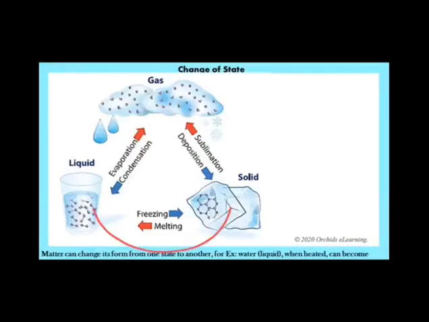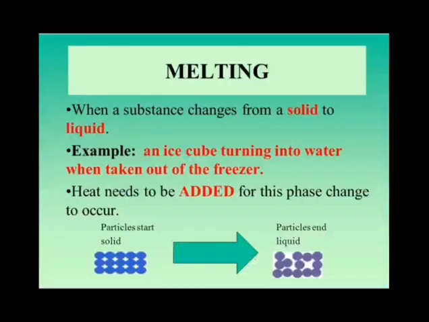Now we know how we can change the liquid into the solid state. We can also change this solid state into liquid state. The process in which a substance changes from a solid state to a liquid state is known as melting. For example, an ice cube turning into water when taken out of the freezer.